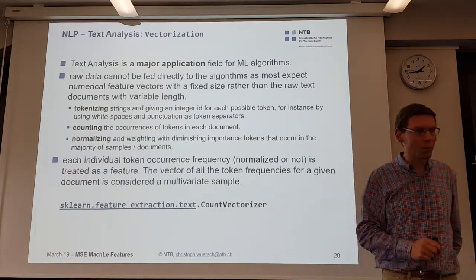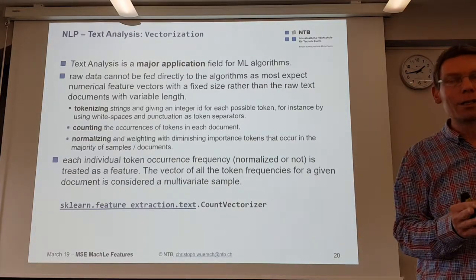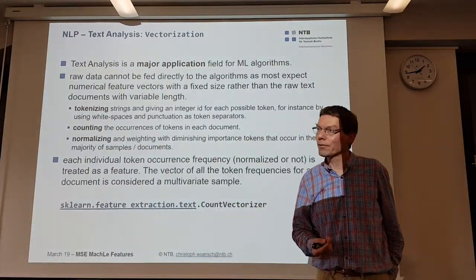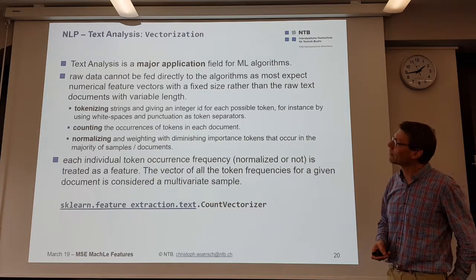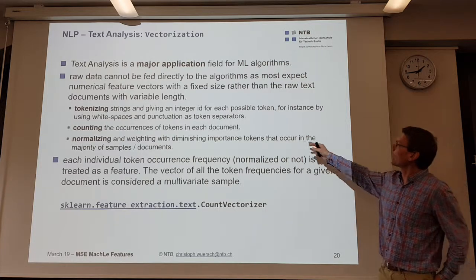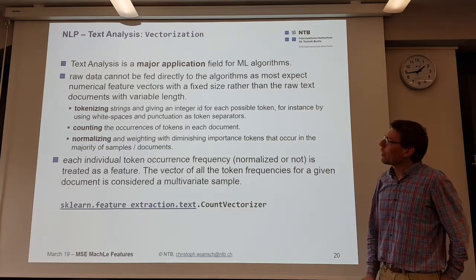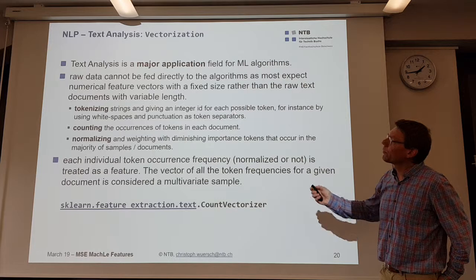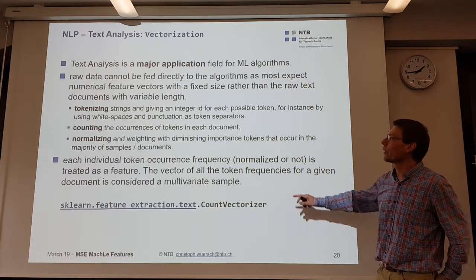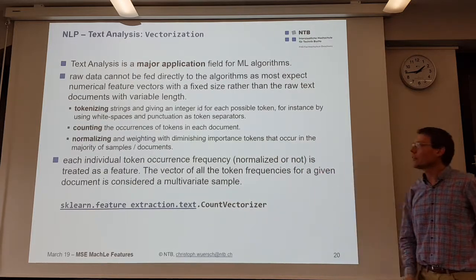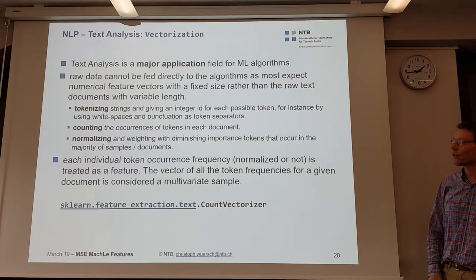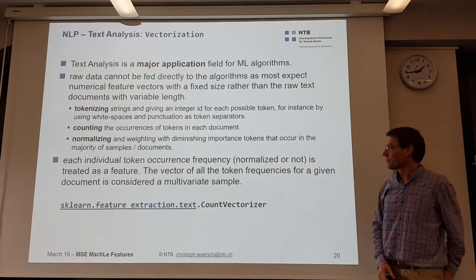This is already a decision we make, to ignore, for example, the temporal, causal or grammatical dependency of the words in the sentence. We tokenize it, and for each token, we give an integer, using white spaces and punctuation as token separators. This would be the normal case. We count it and normalize the weighting, diminishing the importance of tokens that occur in the majority of samples and documents. We look at that in detail.